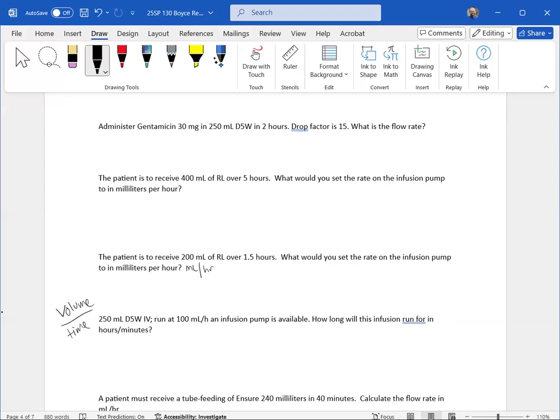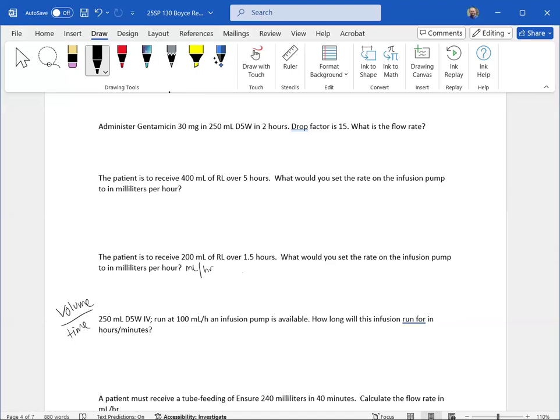At Allegheny campus, this tends to be a question that gets missed. Is this the 200 milliliters, 1.5 hours? Because students are looking for math to do, which is really not math to do. It's just more so reducing and coming up with a succinct answer.